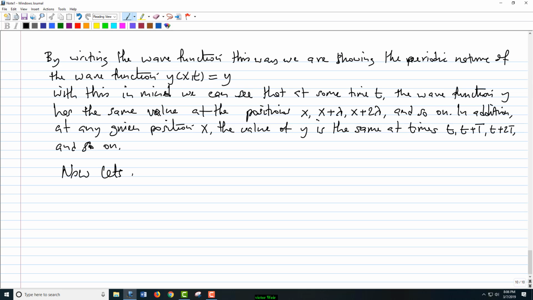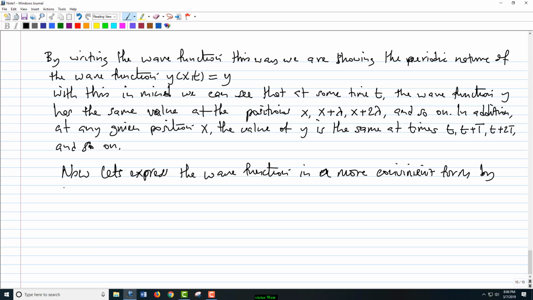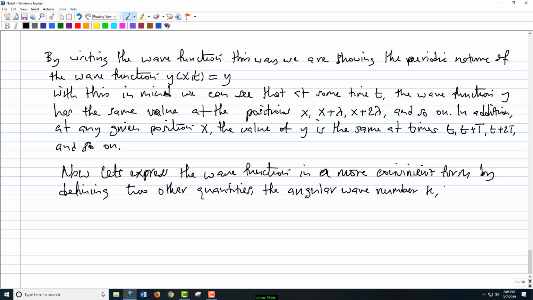Now let's express the wave function in a more convenient form by defining two other quantities, which are the angular wave number k, sometimes just called the wave number, and the angular frequency omega.